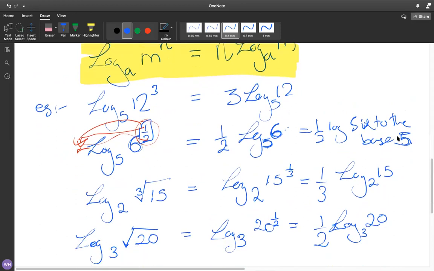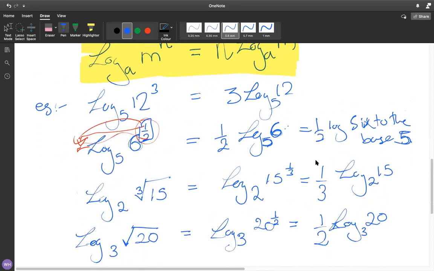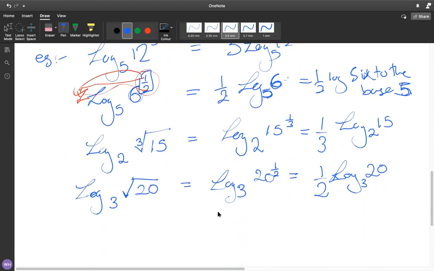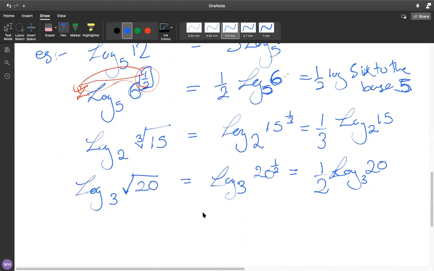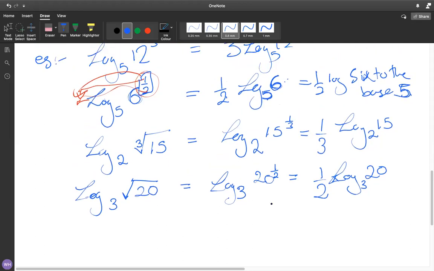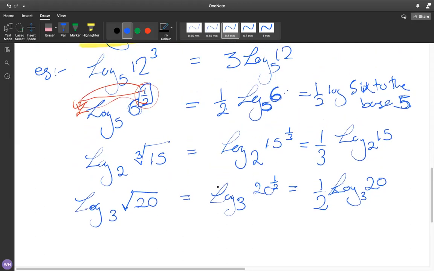Don't bother about the simplification of this. That's all. So let's take a look at another example. This is about that law, and we will go for further examples having the same thing.